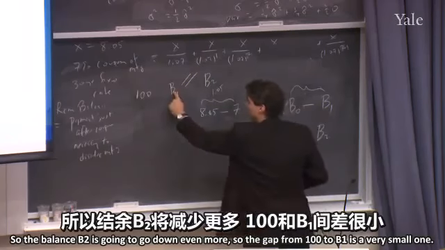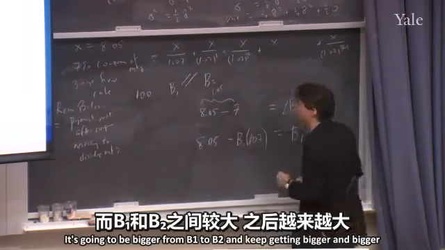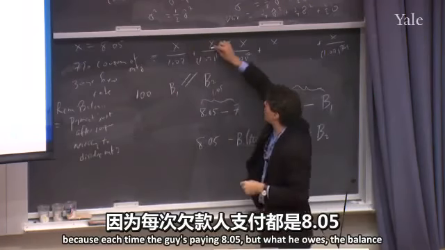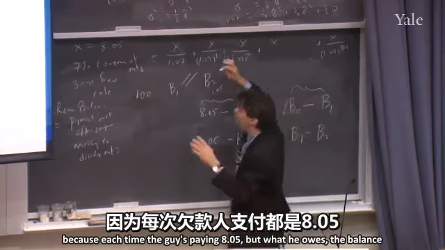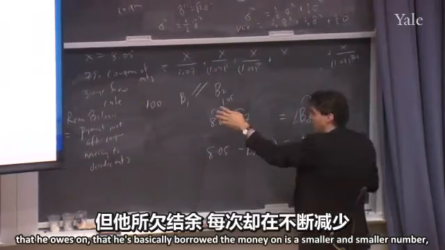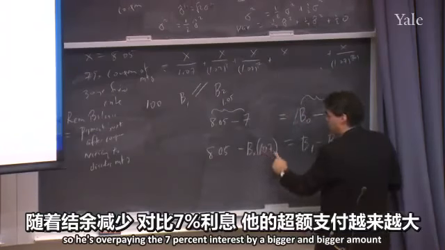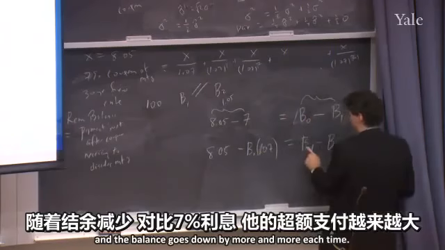So the gap from 100 to B1 is a very small one. It's going to be bigger from B1 to B2 and keep getting bigger and bigger, because each time the guy's paying 8.05, but the balance that he owes on is a smaller and smaller number. So he's overpaying the 7% interest by a bigger and bigger amount, and the balance goes down by more and more each time.